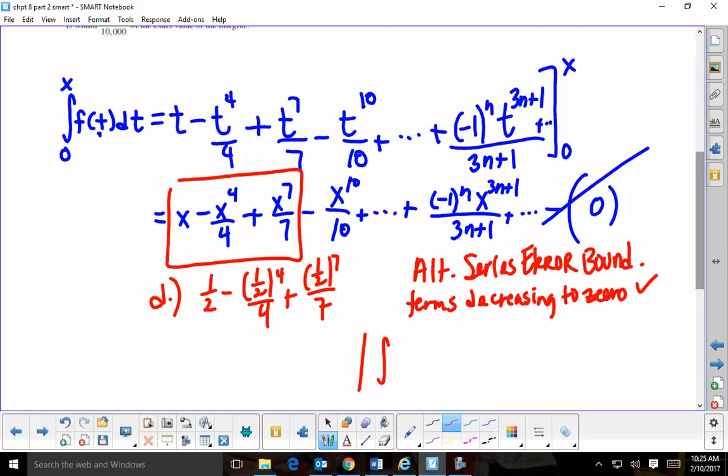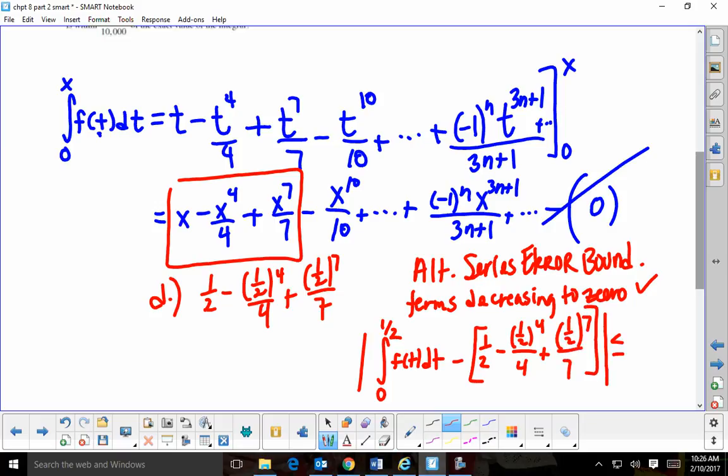The actual is the integral 0 to 1/2 of f of t dt minus the approximation with the first 3 terms is less than or equal to the what?